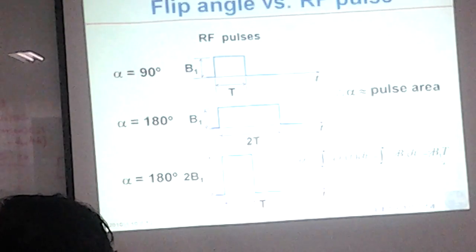But for time-varying RF pulse intensity, it cannot be written like this because B1 is a function of the integration variable. So the area of the RF pulse should be calculated by an integration operation.